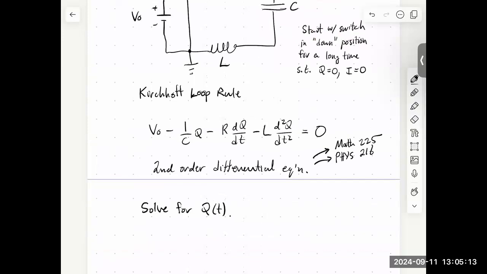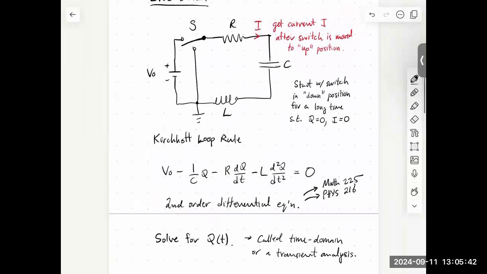But the goal is to solve for Q of t. And in this type of analysis, this is called a time domain or a transient analysis. What transient analysis means is that we're going to have our system in one equilibrium state, and then we're going to make some change, and we're going to watch it evolve into a new equilibrium.